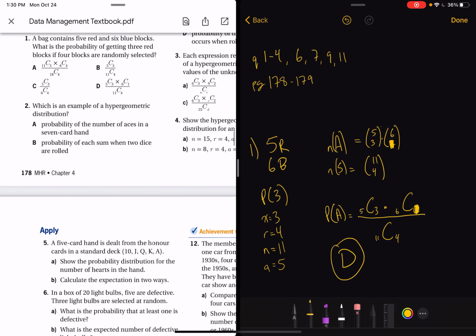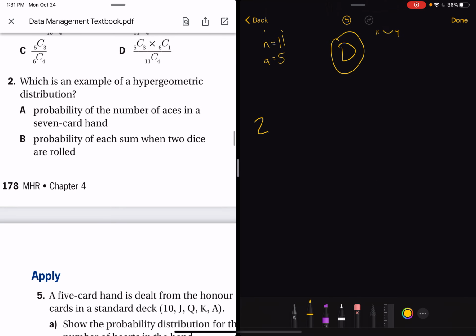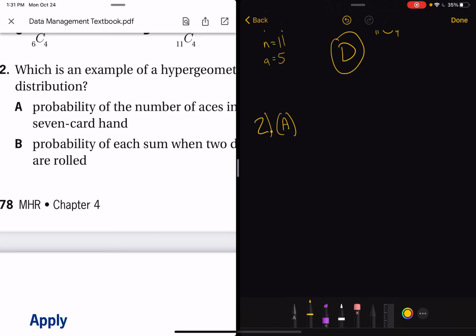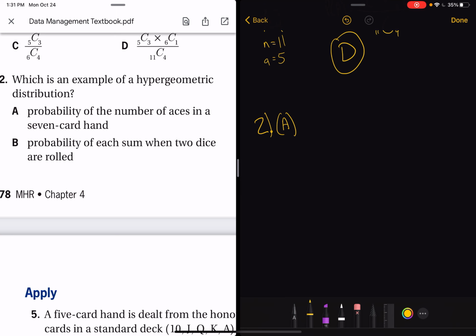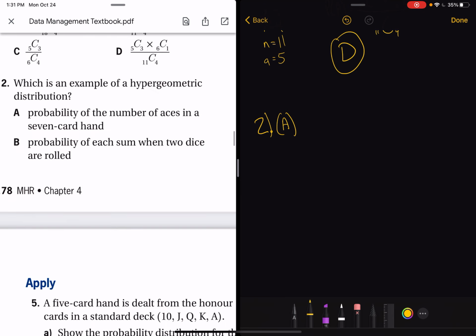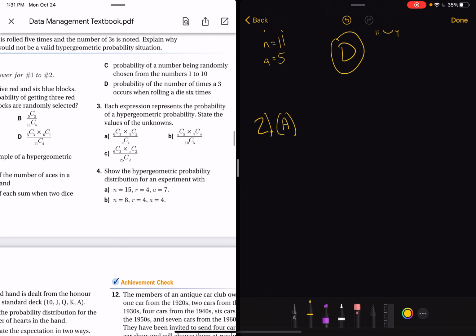Okay, what is an example of a hypergeometric distribution? That's question 2. The probability of a number of aces in a 7-card hand. How many ways can I get an ace? It seems like A is correct, because when I remove a card, the probability changes. The probability of each sum when 2 dice are rolled: each die is independent in this case, so I wouldn't call that hypergeometric.